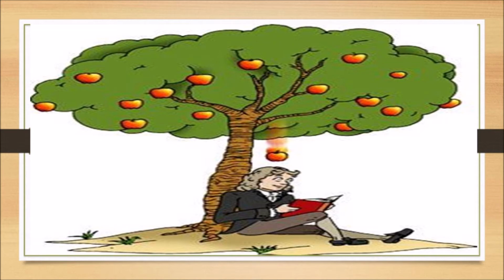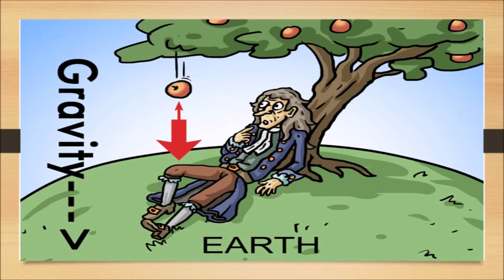Then he started thinking about it: why did that mango fall down to earth, why has it not gone up? Then he studied systematically and realized something is there in the earth which pulled the mango towards it. Based on his thinking, later on he developed the theory of gravitational force.